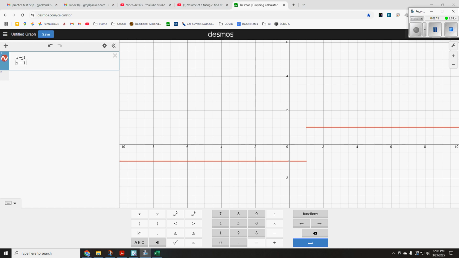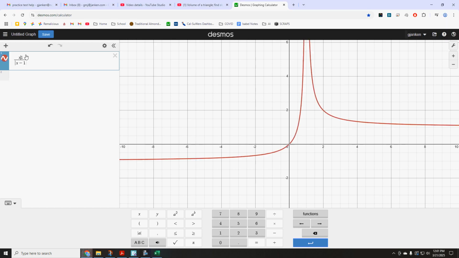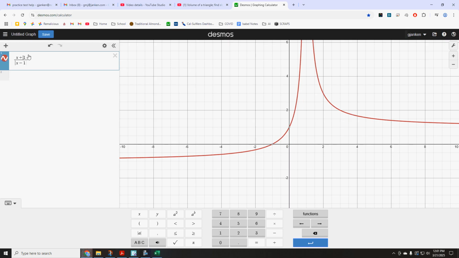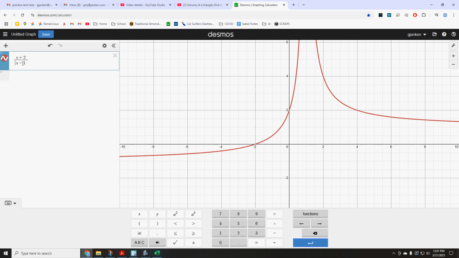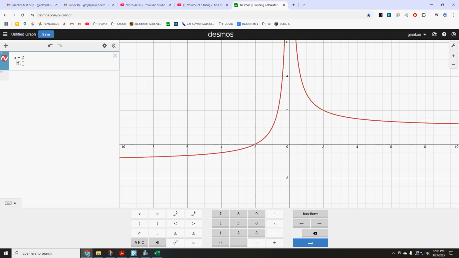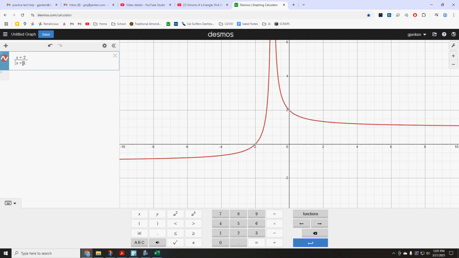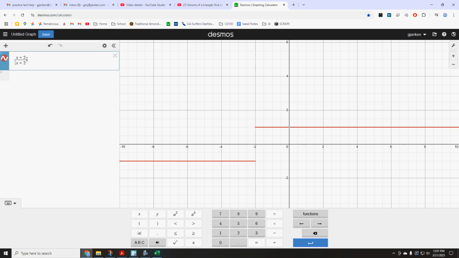Similarly, if I did plus 2 on the top and plus 2 on the bottom, it would shift it to the left by 2.